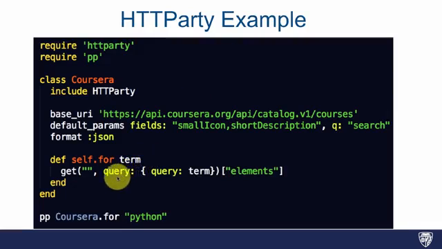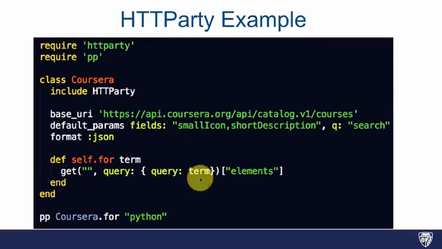So we're telling HTTParty that there's a bunch of more request parameters, in this case just one, which we passed in as a hash, and the only one we actually passed in is this query parameter, which is going to be the value of term, which is a parameter we pass into the method.